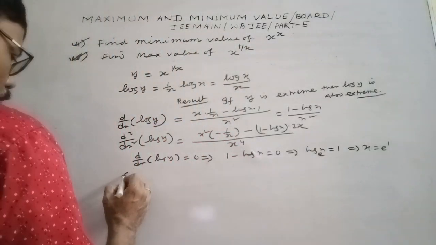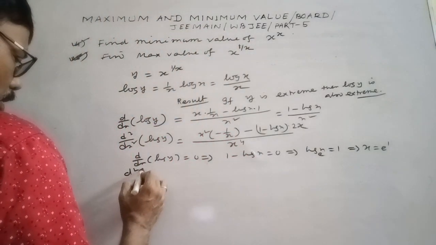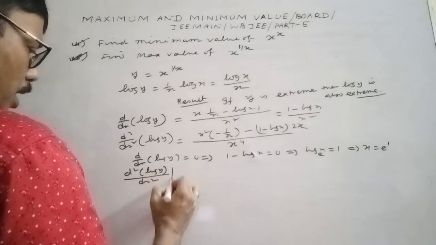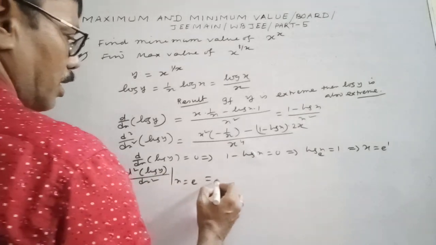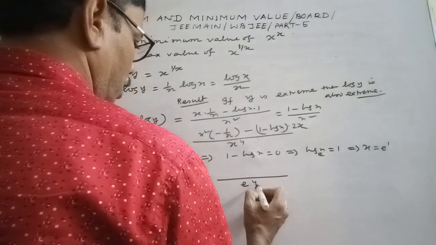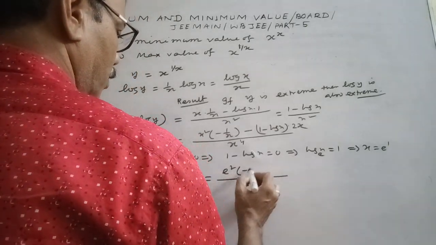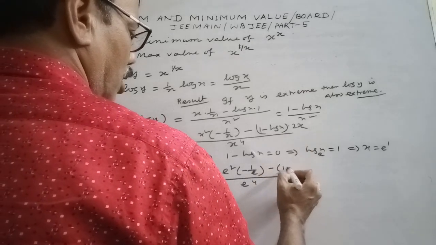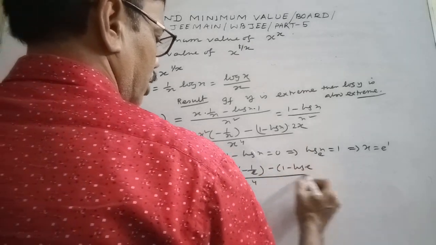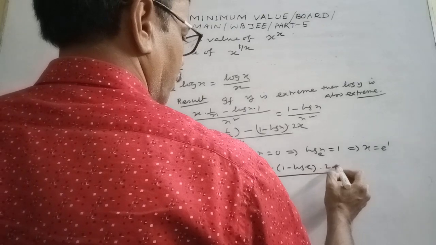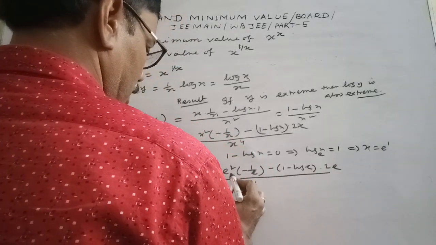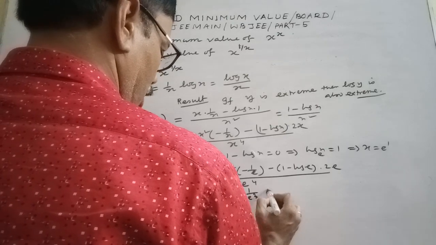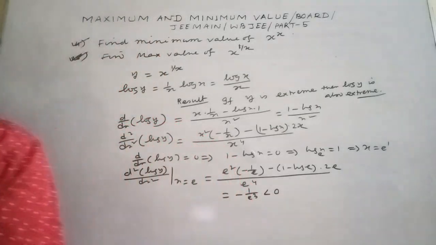Now verify the double derivative, d square log y by dx square at x equals e. So this is e to the power 4, e square into minus 1 by e, and this is log e, this is 0. So we are getting minus e square by e to the power 4, which is minus 1 by e cube, less than 0.